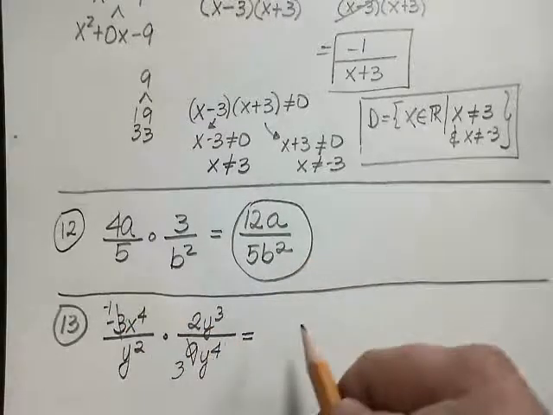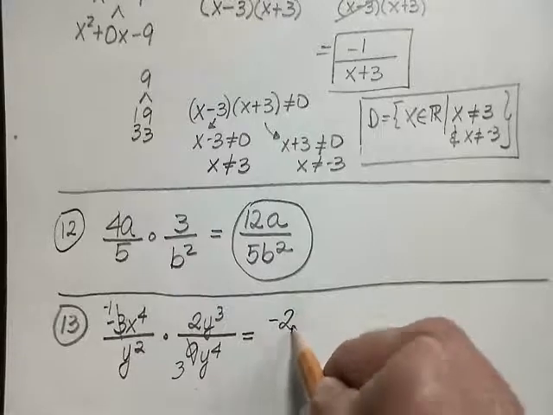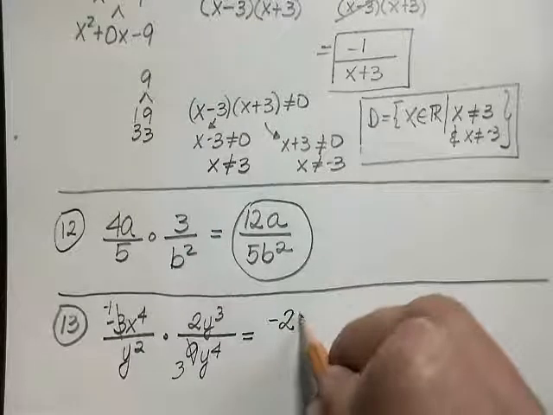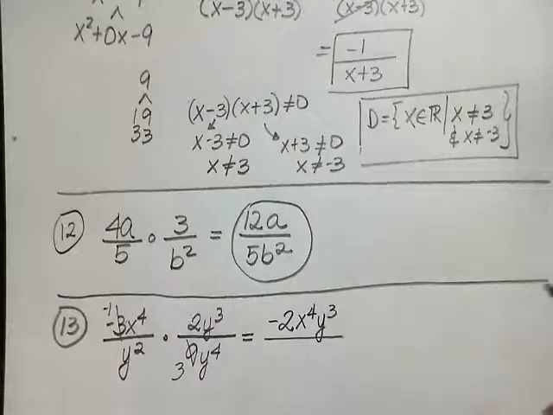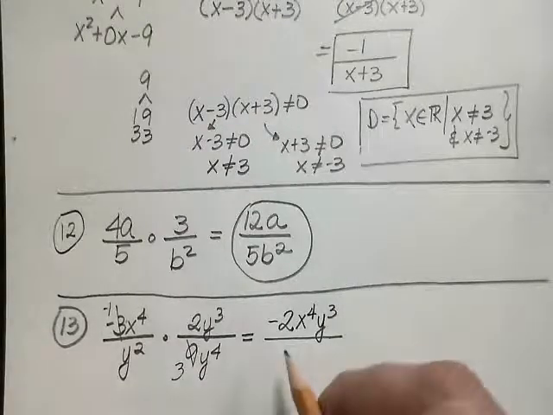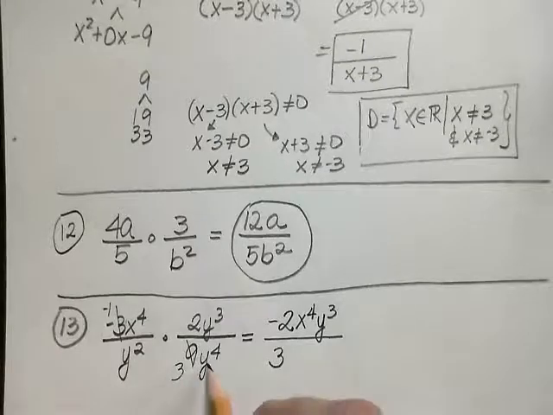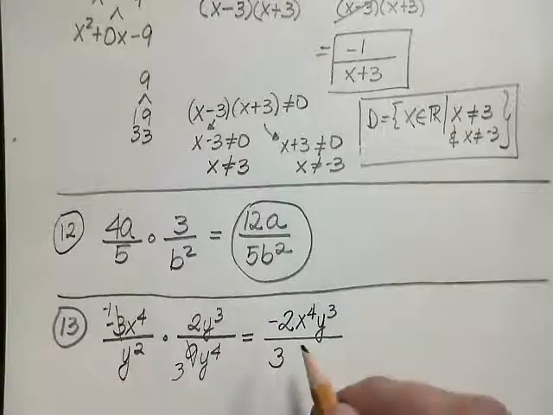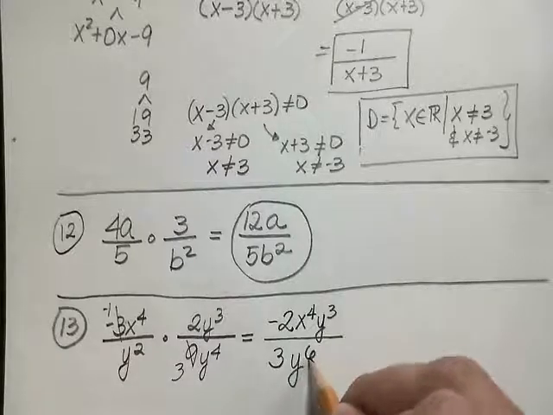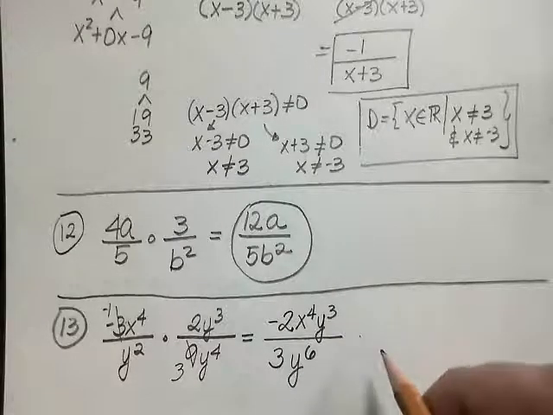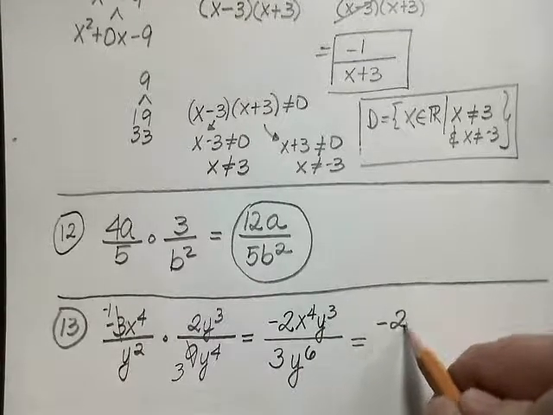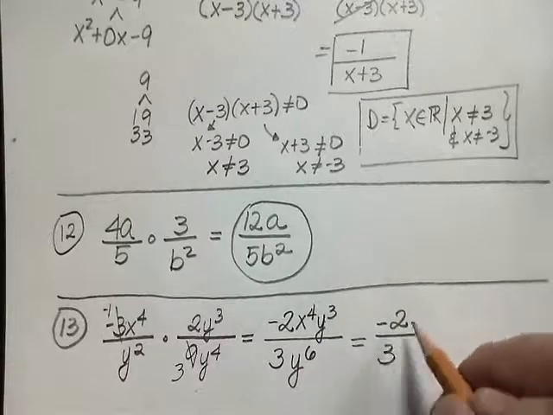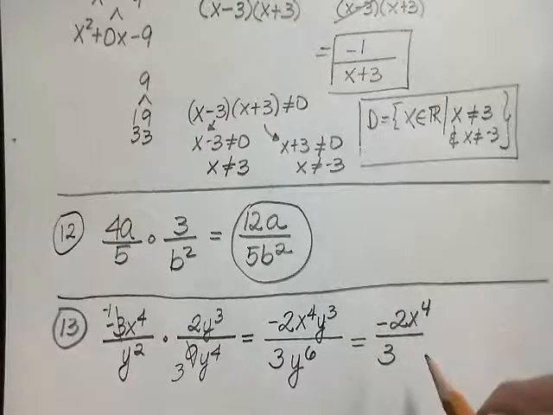Okay, so now I'm going to multiply the numbers, which is negative 1 times 2 gives me negative 2. I have an x to the 4th, y to the 3rd. On the bottom I have a 3, and I also have y to the 2nd, y to the 4th, and when I multiply this, I need to add the exponents, so it'll be y to the 6th. Now I notice that I have y's on top and the bottom, so I can cancel those by the properties of exponents.